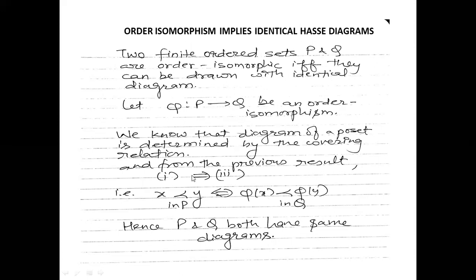So from the previous result, 1 implies 3, that is x is covered by y in P if and only if phi x is covered by phi y in Q. So the covering relation here is true if and only if this covering relation in Q is true. That means the diagram will have the same shape on both sides, because the diagram is governed by this relation. Hence P and Q both have the same diagrams.